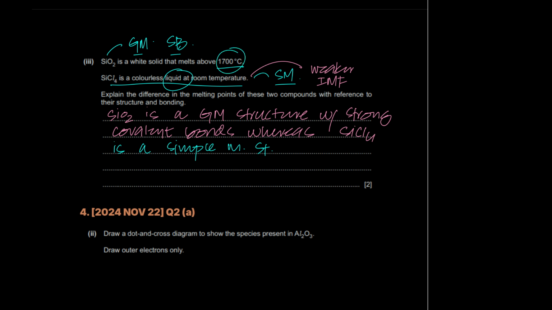So it's a simple molecular structure, and so less energy is required to overcome the weak van der Waals, or the weak intermolecular forces of attraction, IMF. You could have also just said to overcome the weak van der Waals, because you realize it will not have hydrogen bonds, right?